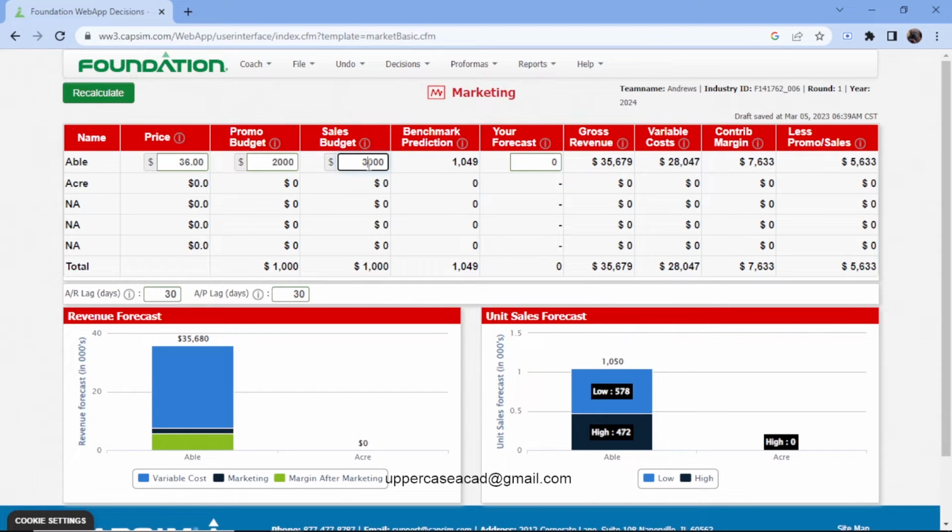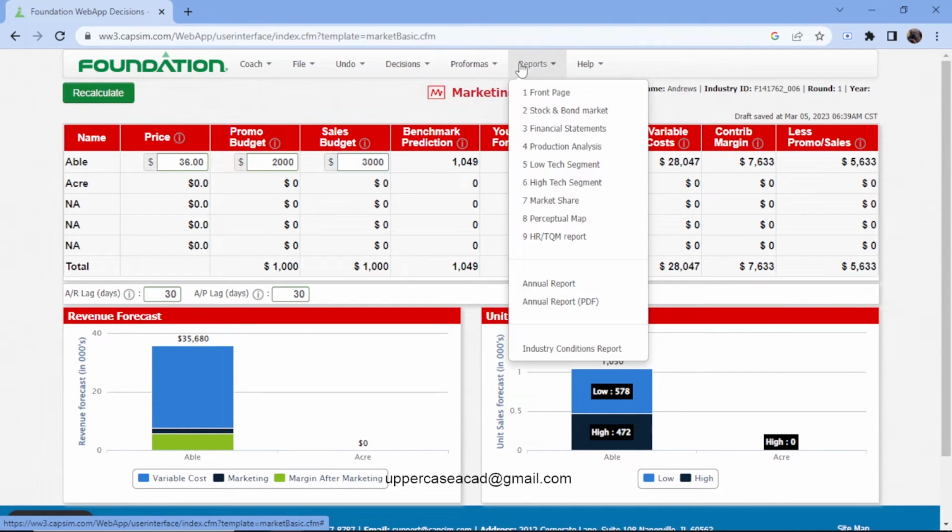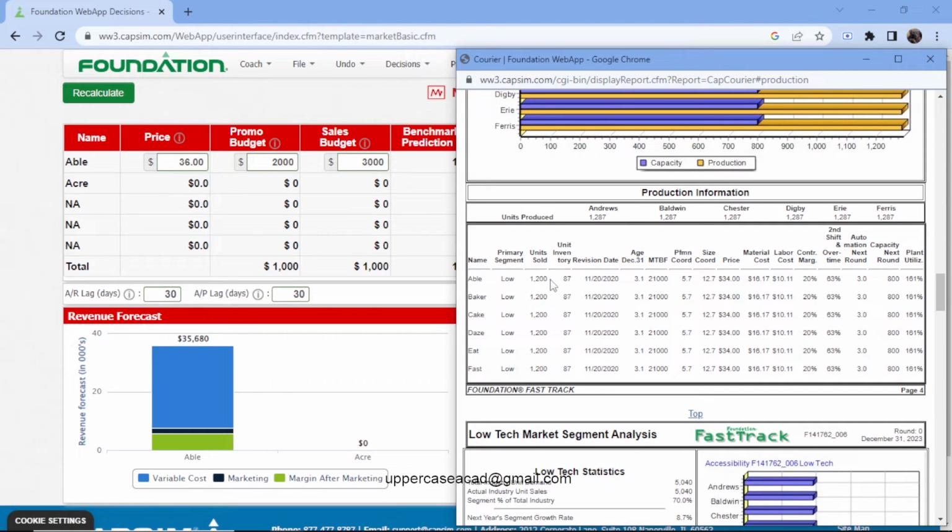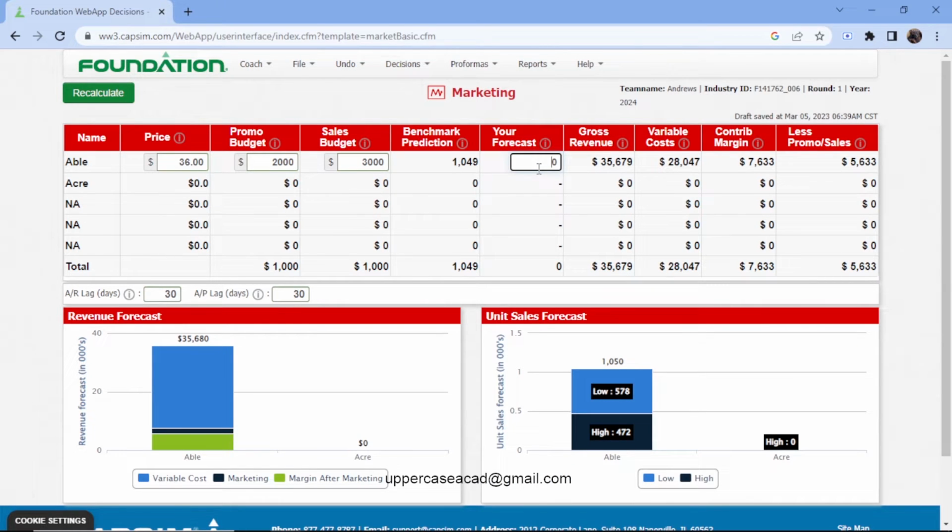If I look at my production analysis, I sold 1,200 units, so I believe I might sell more than that number. After doing my forecasting, I realized that I can sell 1,649 units. So I'll hit recalculate.